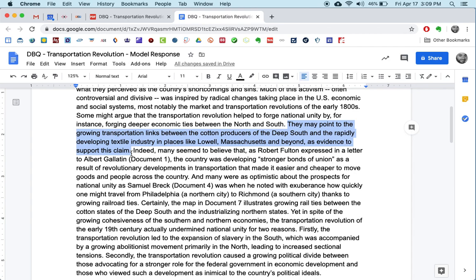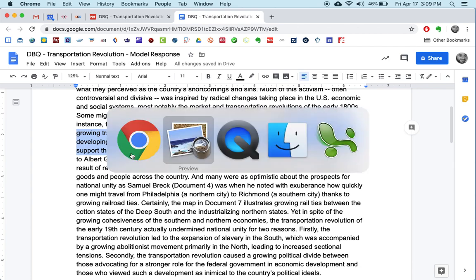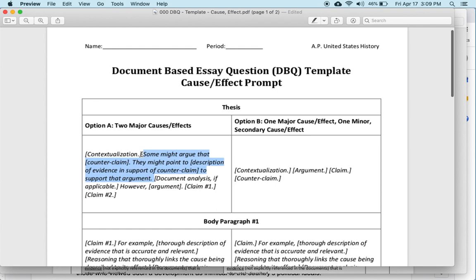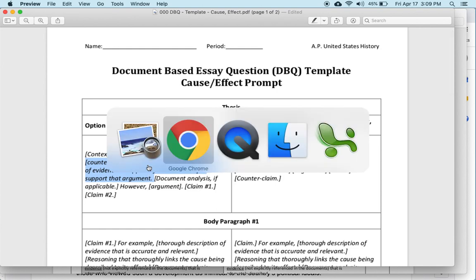They might point to the growing transportation links between the cotton producers of the Deep South and the rapidly developing textile industry in places like Lowell, Massachusetts, and beyond as evidence to support this claim. All right, so I've done this part of the template for my thesis.